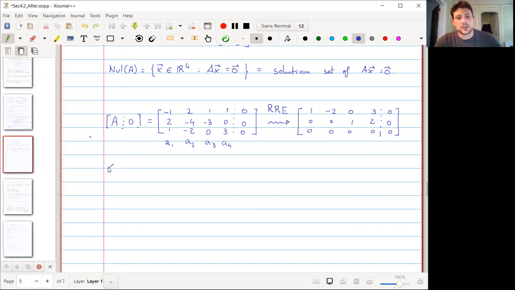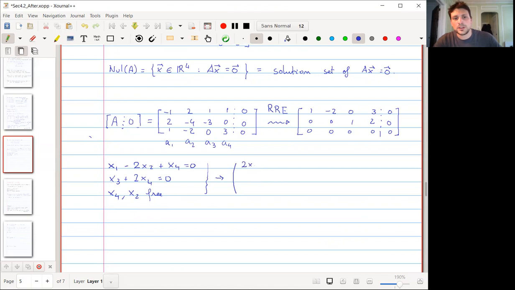In particular, we read that x1 minus 2x2 plus x4 is equal to 0, and x3 plus 2x4 is equal to 0, and that x4 and x2 are free variables.